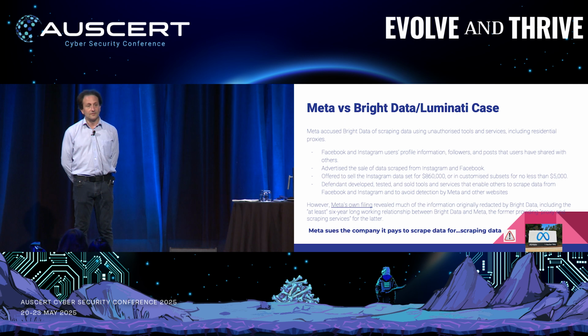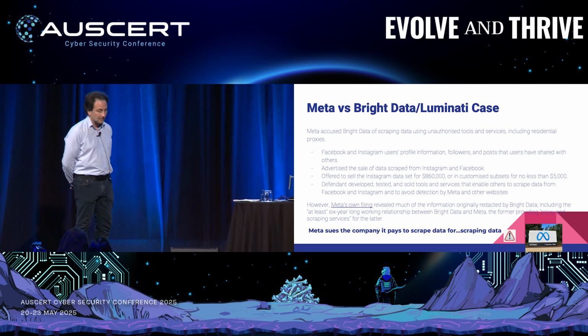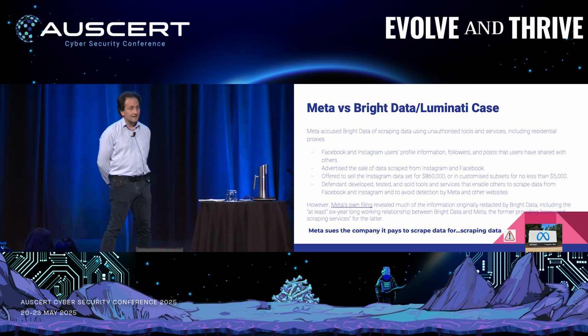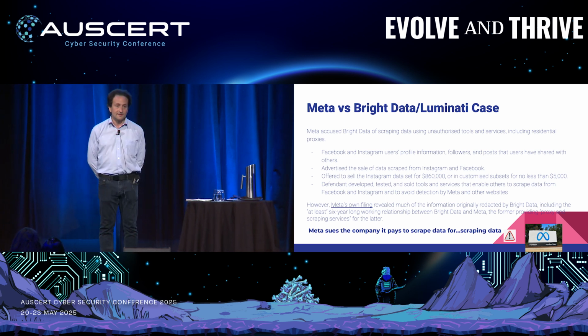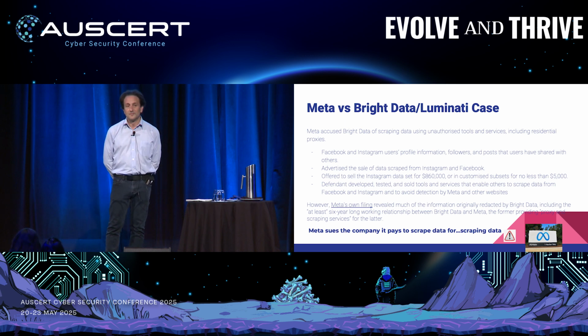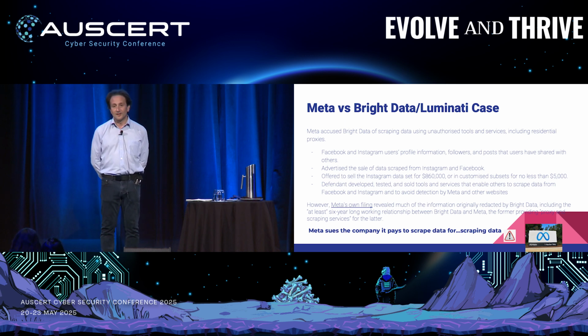They also give LinkedIn profiles, Google Maps profiles, you name it. The interesting thing as part of this process is that it revealed a 6-year relationship between Meta and Bright Data. So the funny thing with the case was that Meta was suing the company for scraping its website, and it was using them to scrape other people's websites.